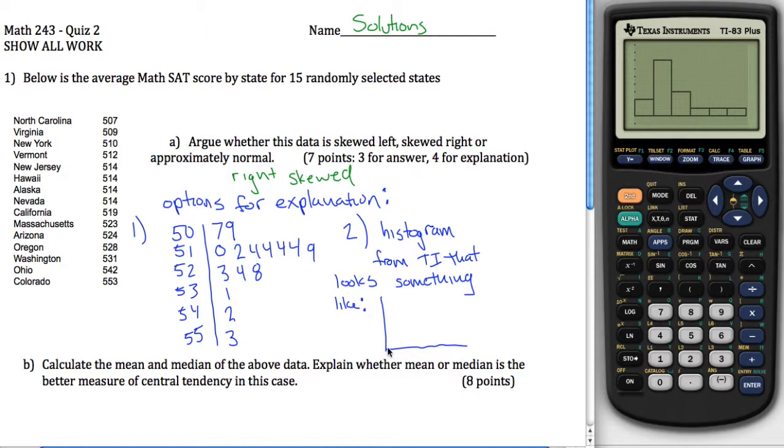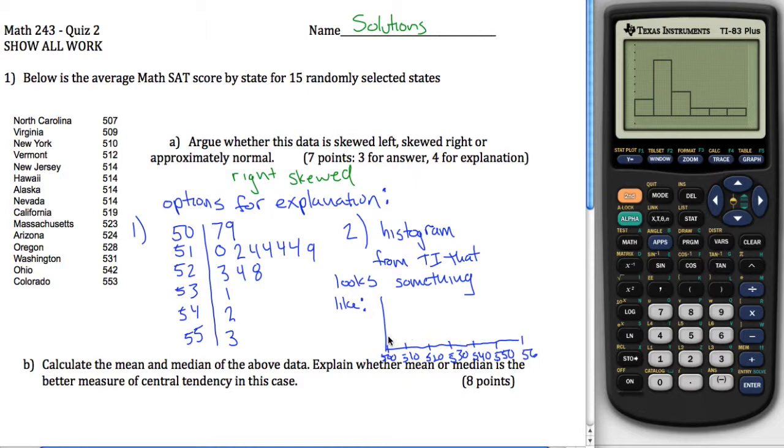And let's see, in my picture, I got 500, 510, 520, 530, 540, 550, and 560.